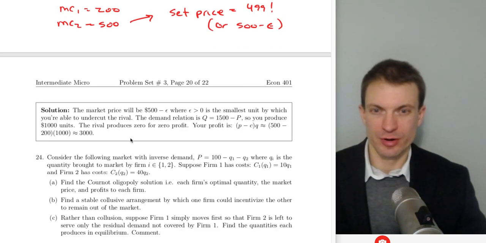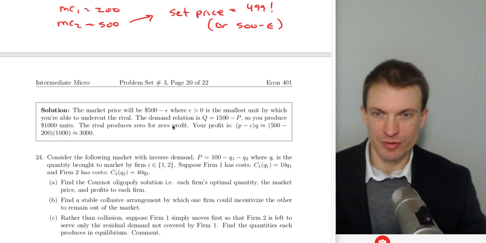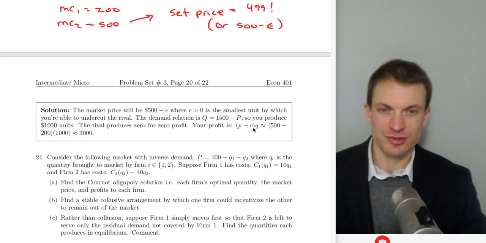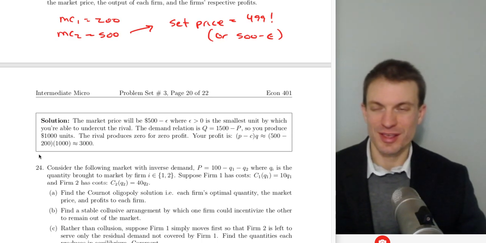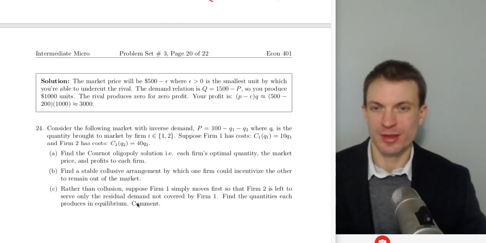So the rival produces 0 for 0 profit. Your profit is price minus cost times quantity. So 500 minus epsilon is approximately 500, minus cost of 200, times the 1,000 units, is 300,000.